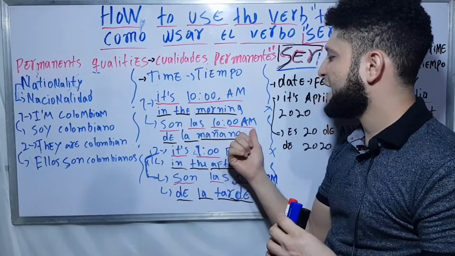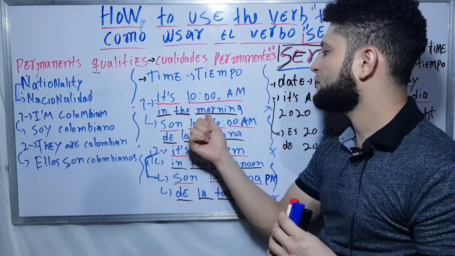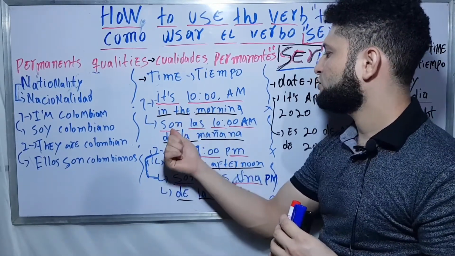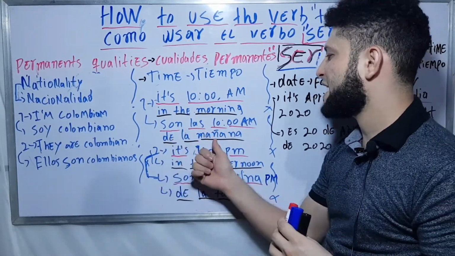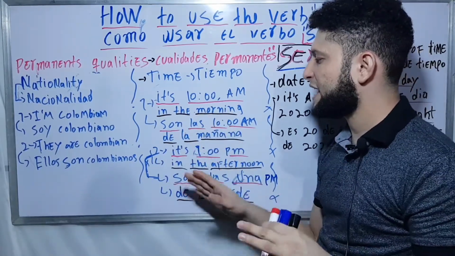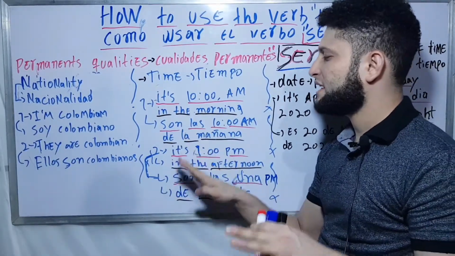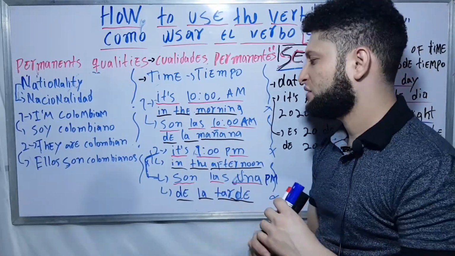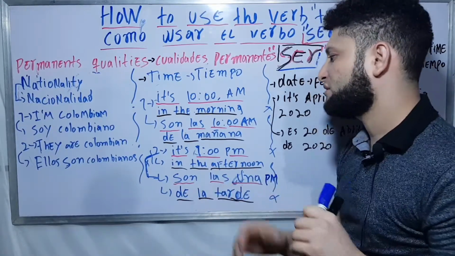Or you can say, as in this one, in the morning, it's 10 in the morning: "son las 10 de la mañana," in the morning, "de la mañana." So in this case, "in the morning" means "de la mañana." This is the translation, but normally in other cases it's another one.